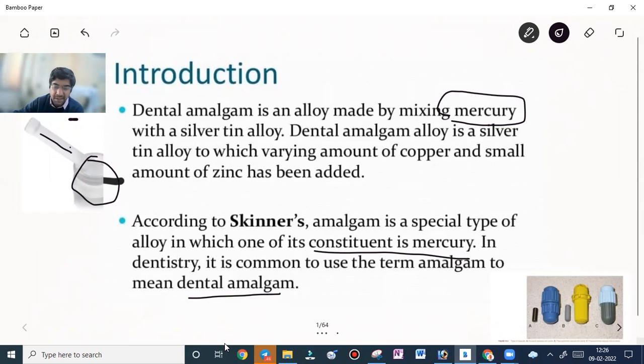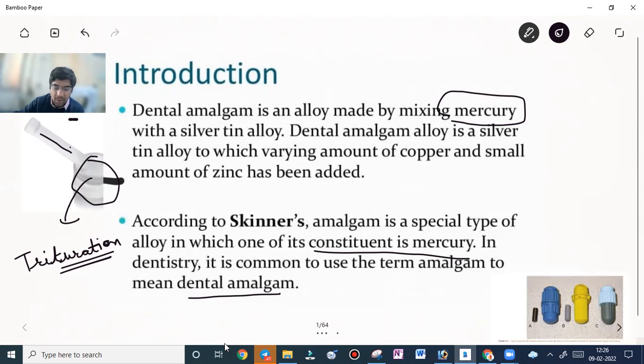And this process of mixing is known as trituration. It is the mechanical mixing of the alloy particles and the mercury in the mortar.